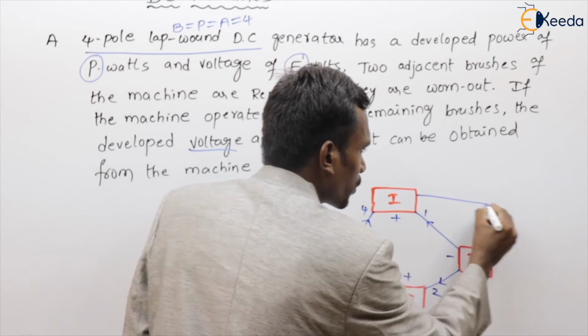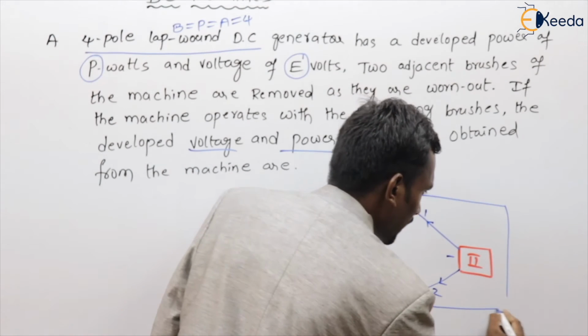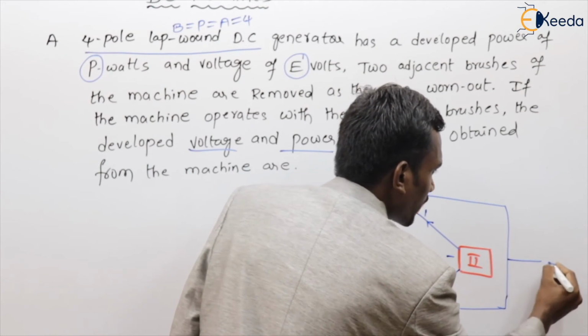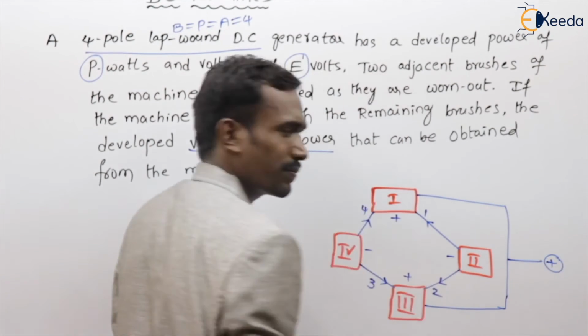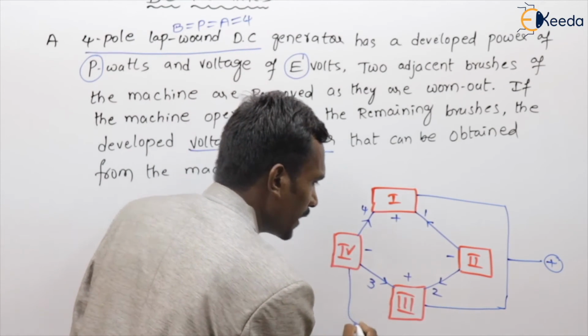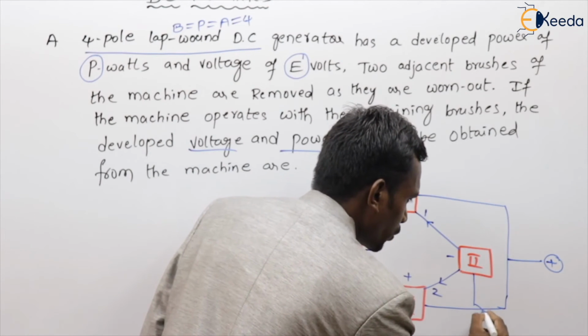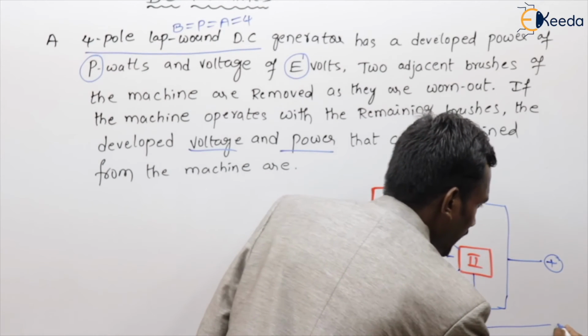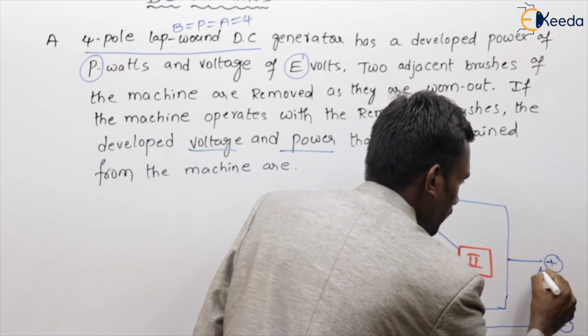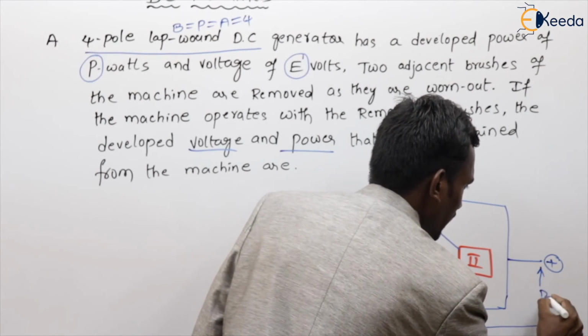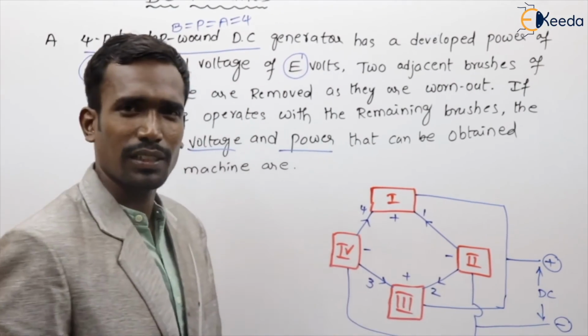These 2 positive brushes combined give us the positive terminal, and the remaining 2 negative brushes combined give us the negative terminal, which is our DC positive and negative terminals.